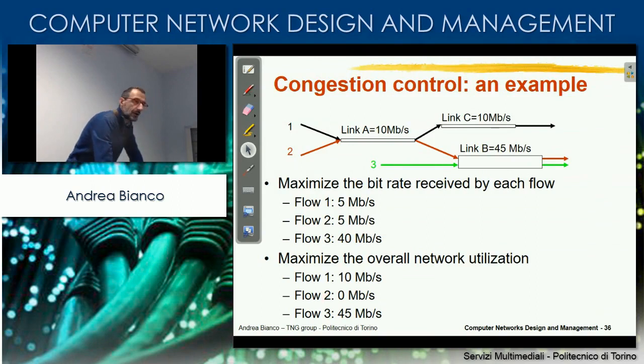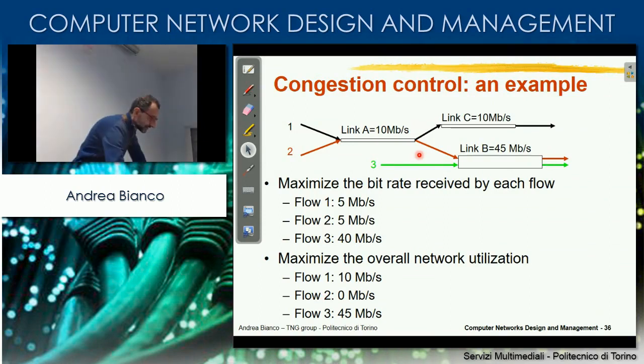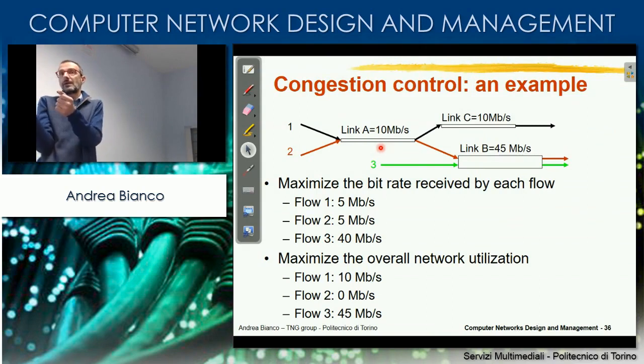And you see that we have to take into account the network view, because consider the first assignment here, the black flow is bottlenecked at link A. Its bit rate is determined by the maximum bit rate that you can get on link A. On link C, you could get more, but since you are reaching link C after link A and you are bottlenecked there, you will reach link C with 5 megabit and you will get 5 megabit.